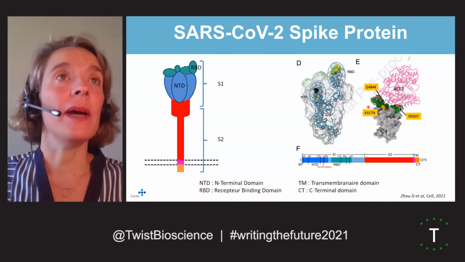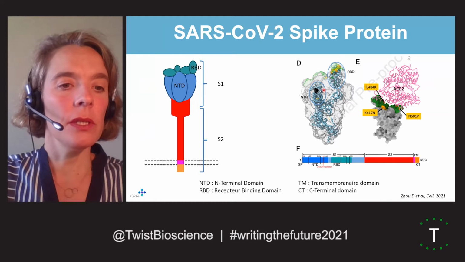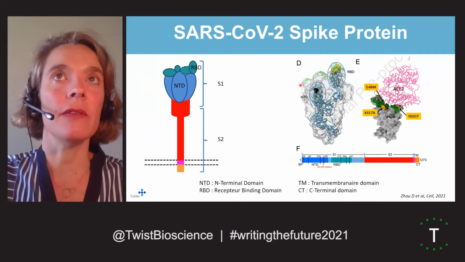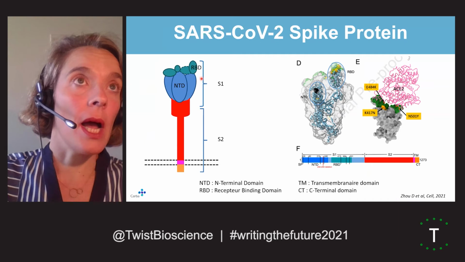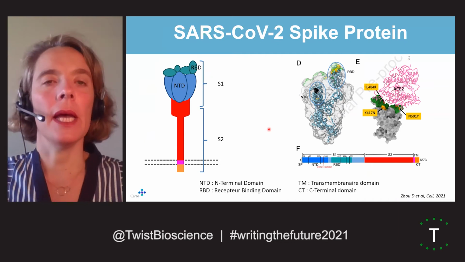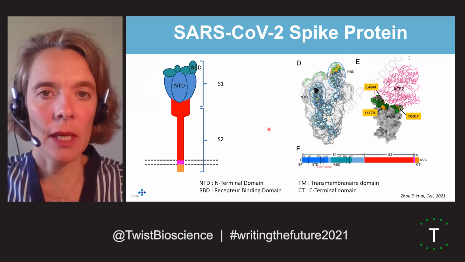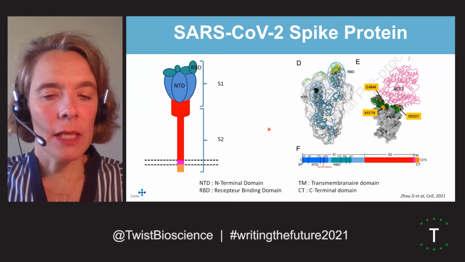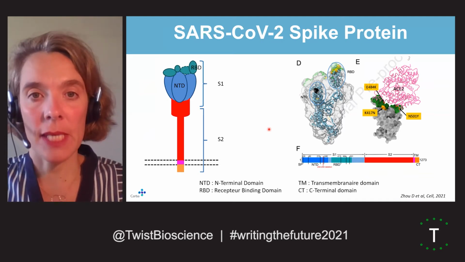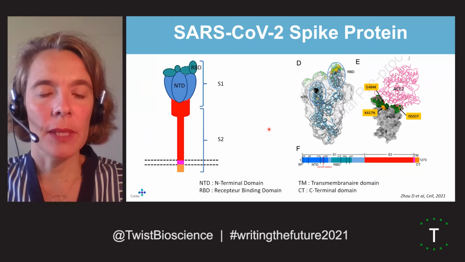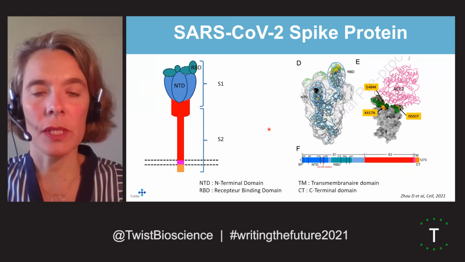So far, impacting mutations are almost exclusively in the spike protein, on the receptor binding domain and the N-terminal domain. The receptor binding domain interacts with the cell receptor, and the N-terminal domain with the host immunity.